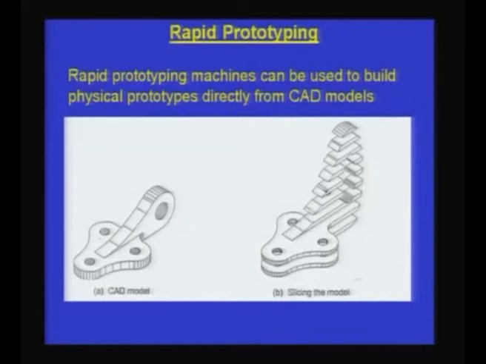Rapid prototyping is another example of computer controlled machines. They are based on the concept of what is called layered manufacturing. If I have a geometry which has to be realized, and I have a CAD model, then in layered manufacturing you basically slice this particular component into layers. Once I have the layer geometries, I can build layer by layer in order to realize this particular product. There are many rapid prototyping machines available in the market.